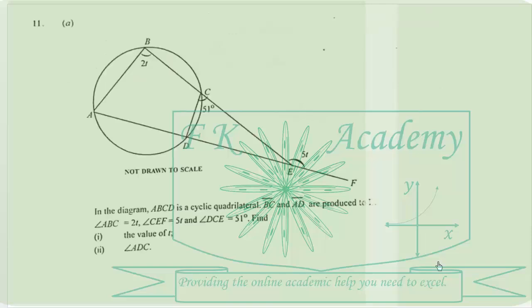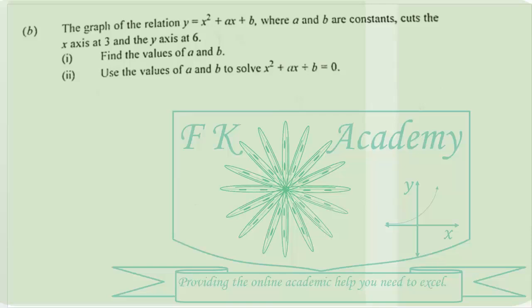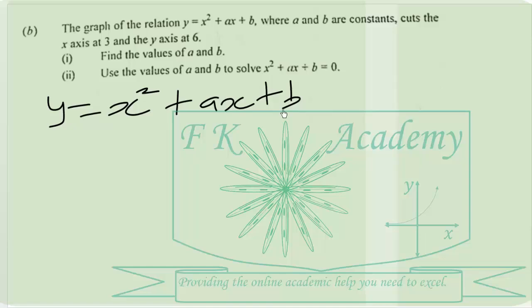So we have y equals x squared plus ax plus b. Where it cuts the x-axis, y equals 0 and x equals 3.